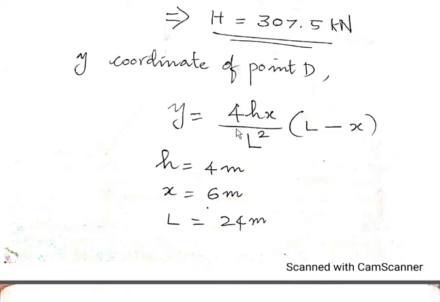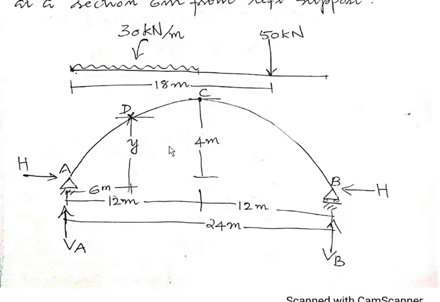So substitute the values of h, x and L in the equation of y. So you will get the y coordinate of the point D. Y coordinate of point D is nothing but the level of point D from the springing. So this level is y.